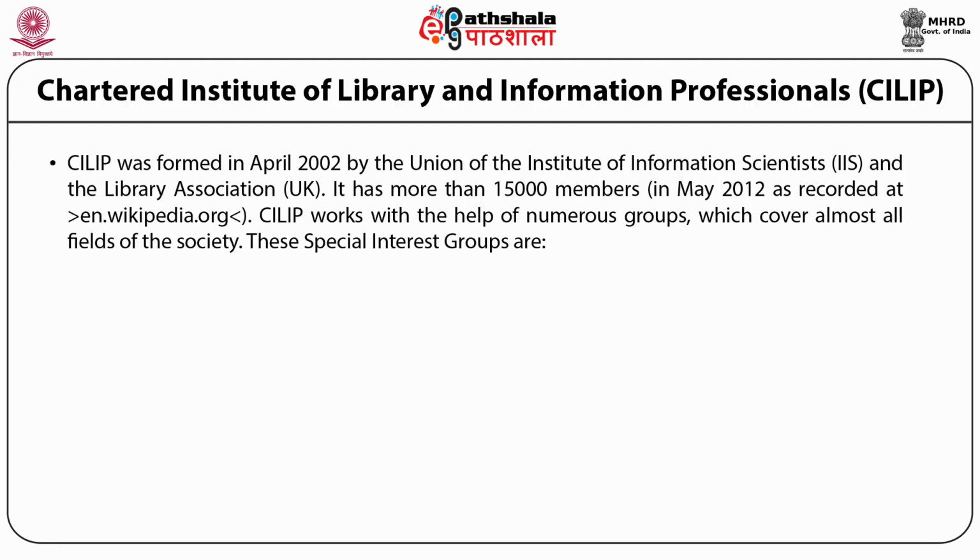It has more than 15,000 members as of May 2012, as recorded at Wikipedia. CILIP works with the help of numerous groups which cover almost all fields of the society.